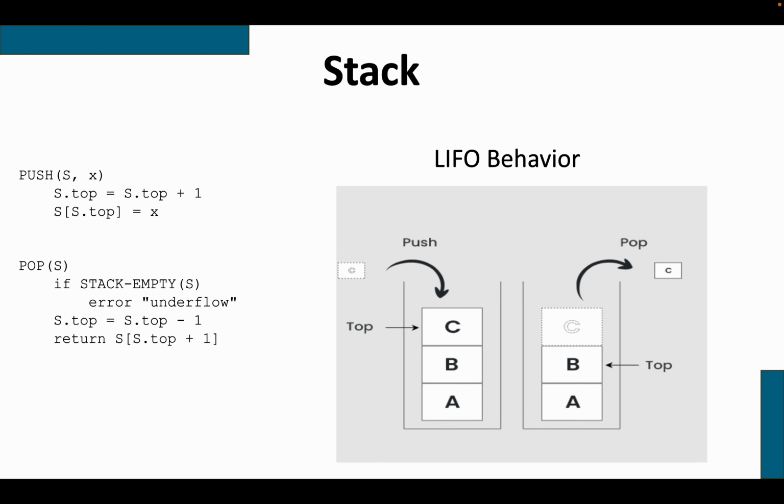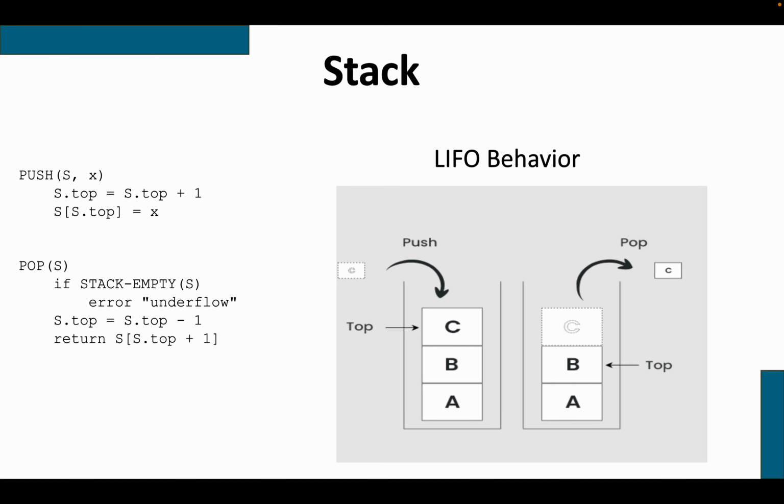If the stack is empty, there is no element in the stack to return, and we will have an error. But if there is something there, we say, okay, consider the s.top one less, and then return what was on the top. So by push and pop, as you can see in this slide, we have the LIFO behavior of a stack.